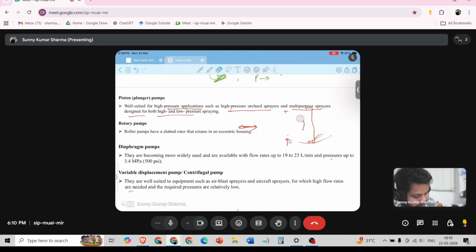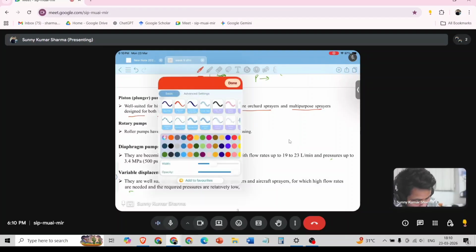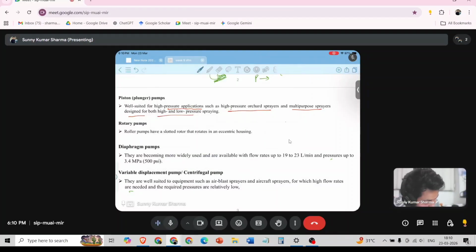The second example of positive displacement pump is the rotary pump. How the liquid moves is that we have a rotary housing, and inside that we have an eccentric housing where many rollers will be there, and it will be given motion.